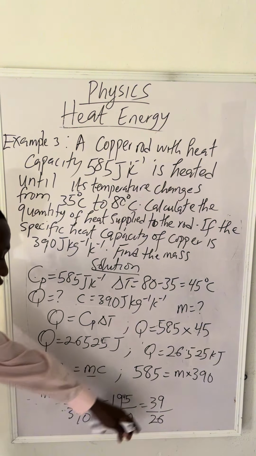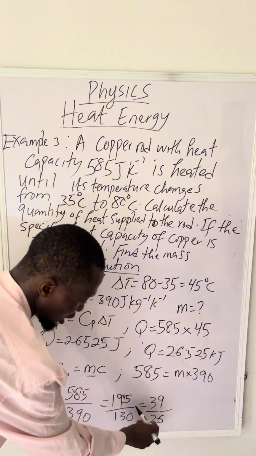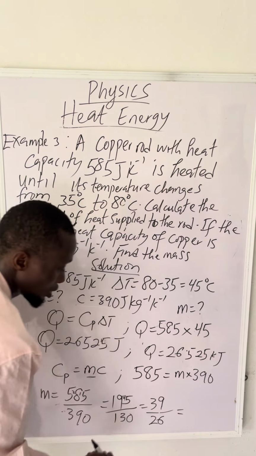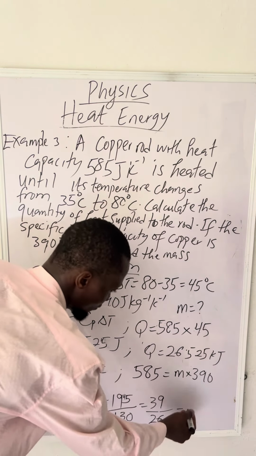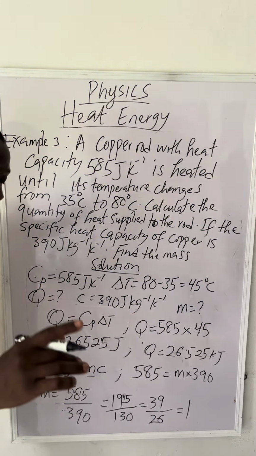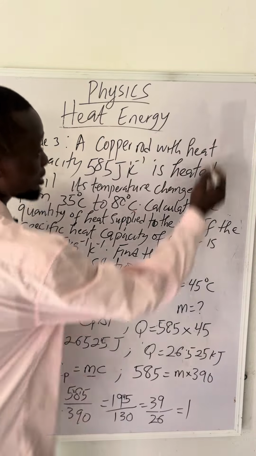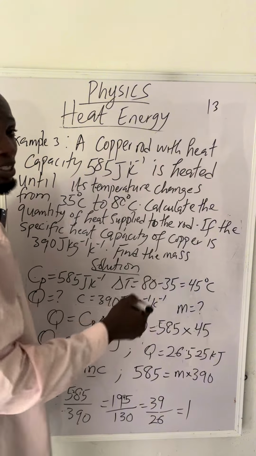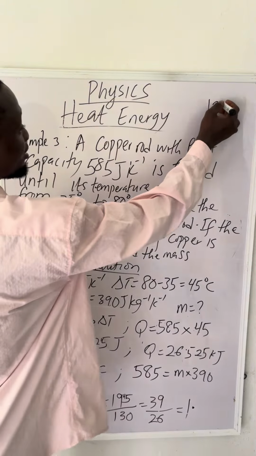So, and then how many 26 are we going to see in 39? That's going to give us 1. And then it's going to remain 13. So that 13 that is remaining, you're going to add your decimal point, and you add 0 to it.